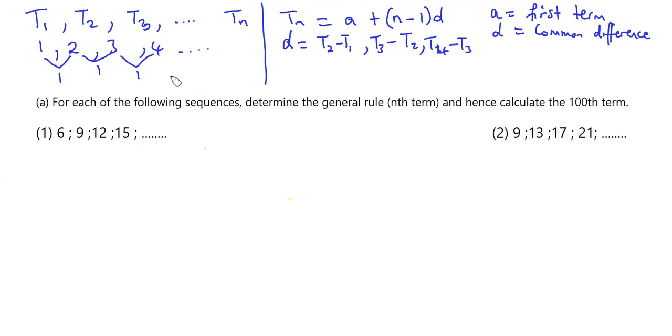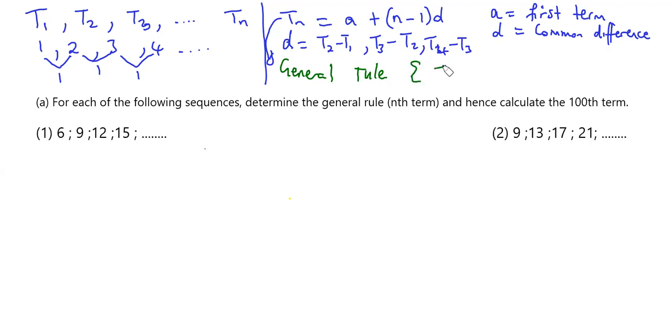Now, let's see how you're supposed to get the nth term, the general term. For the general term, you use Tn equals a plus n minus 1 d. This is the general rule to find the nth term.